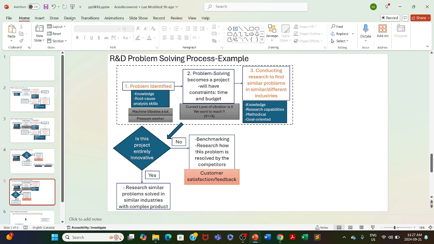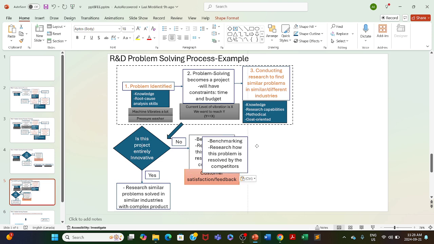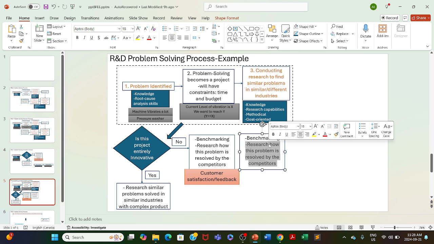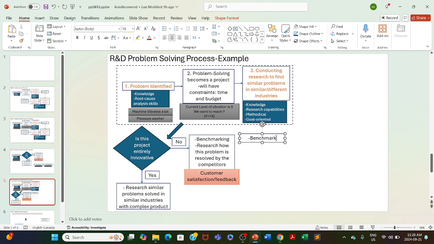Of course, when there is a problem, say our problem is not an innovative one, based on customers' feedback we're going to reach out to certain people, for example the sales team.